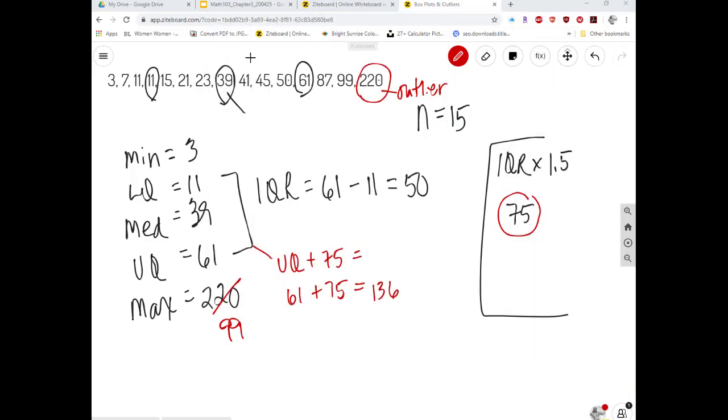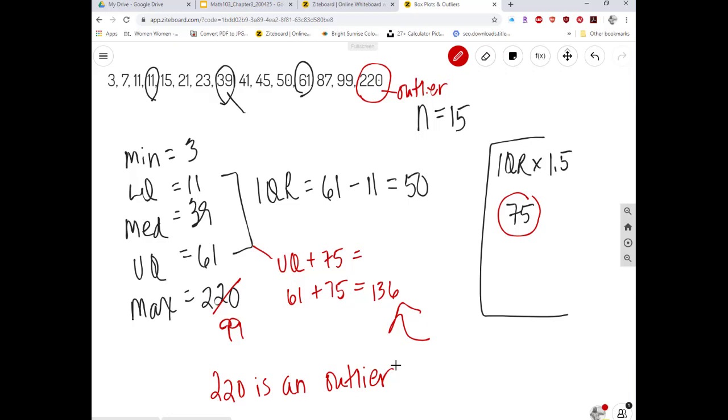I don't have any negative 64. The lowest number I have is 3. So 3 is not going to be considered an outlier. So if we were using this to identify outliers, then this would change to the next lower number, and 220 is an outlier. So according to this, 220 is an outlier.